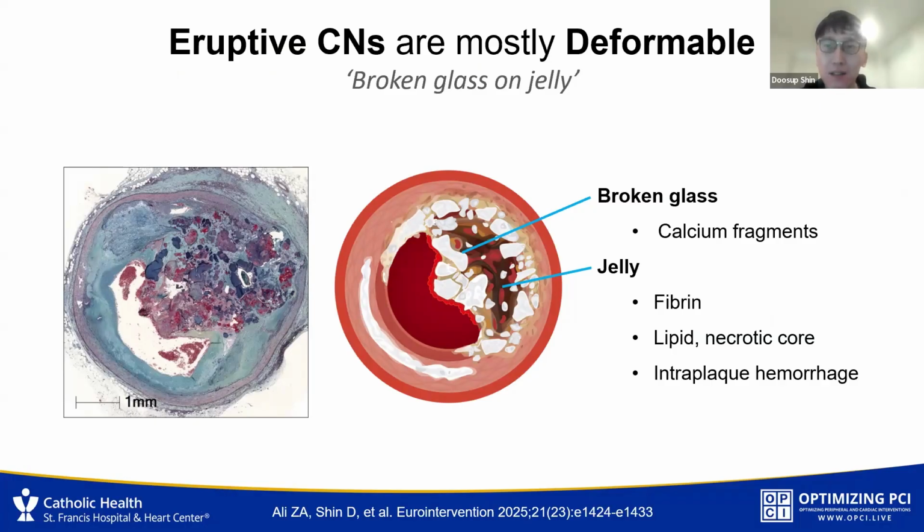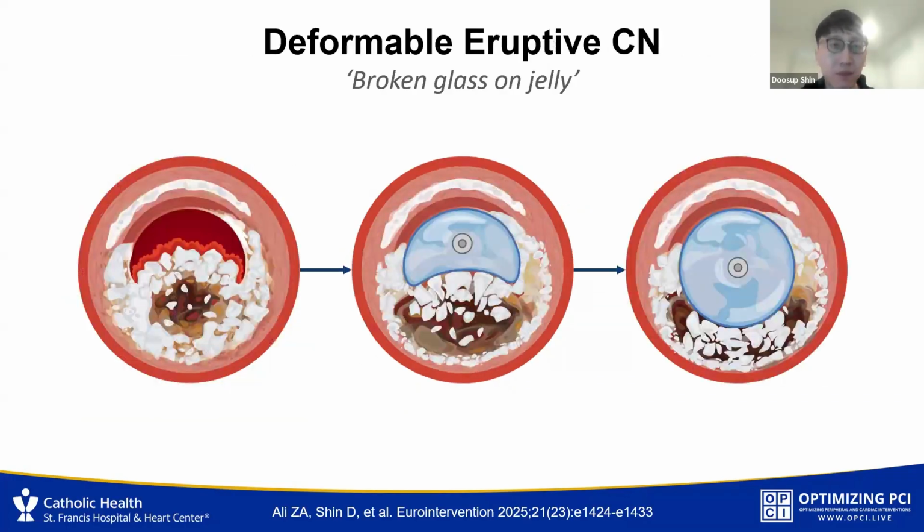The broken glass is the calcified fragment, and the jelly underneath consists of softer components such as fibrin, lipid, necrotic core, where it originated from, and intraplaque hemorrhage from the disruption of capillaries by the calcified fragment. So with balloon angioplasty, you might actually push those broken glass calcified fragments deeper into the softer component inside, effectively redistributing the calcified nodule.